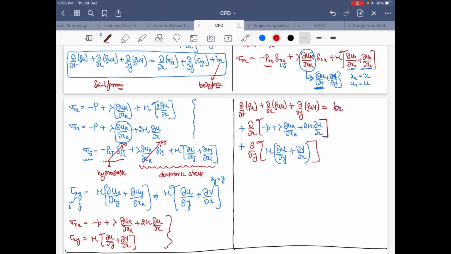So we have substituted our terms here. Now rearranging the terms, or opening the terms, we will have ∂/∂t(ρu) + ∂/∂x(ρuu) + ∂/∂y(ρuv) equal to body force x.